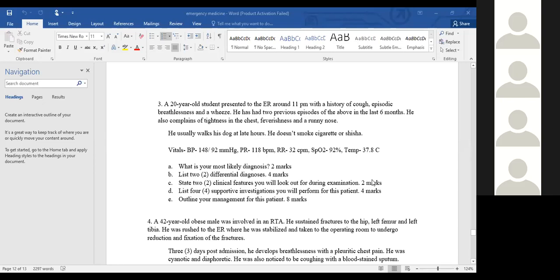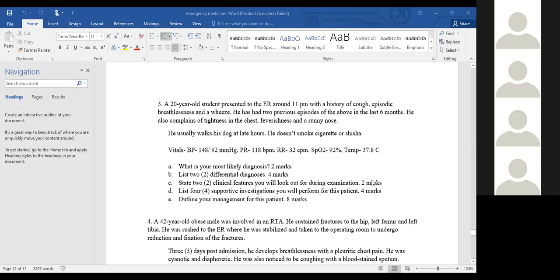A 20-year-old student presented to the ER around 11 p.m. with a history of cough, episodic breathlessness, and a wheeze. He has had 2 previous episodes of the above in the last 6 months. He also complains of tightness in the chest, feverishness, and a runny nose. He usually walks his dog at late hours.